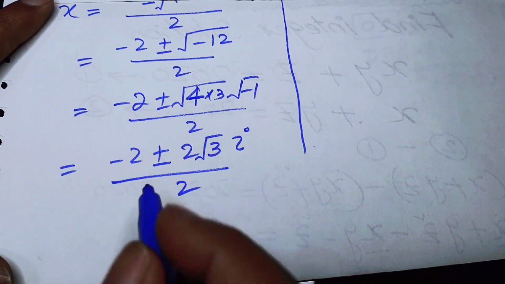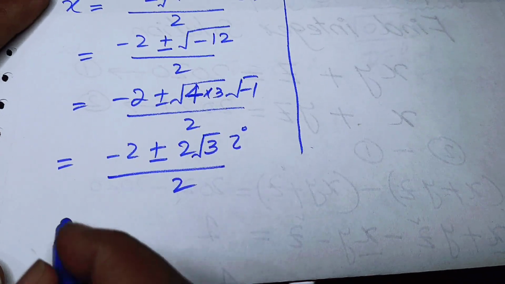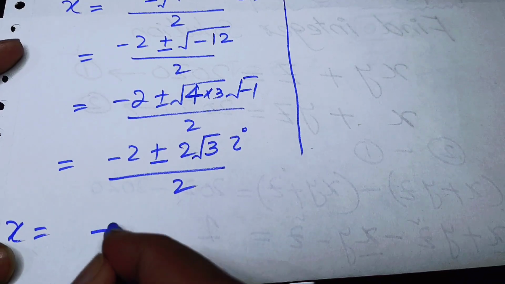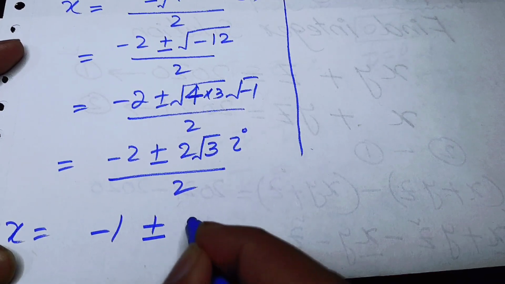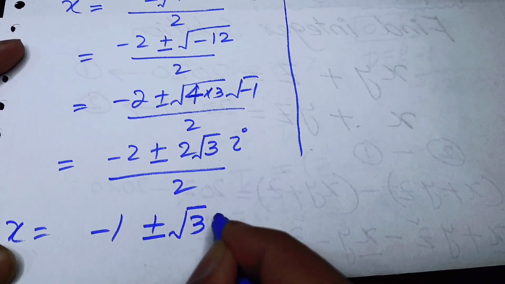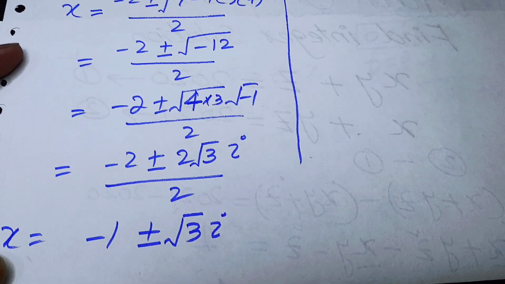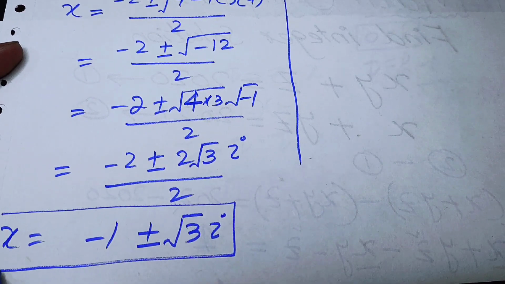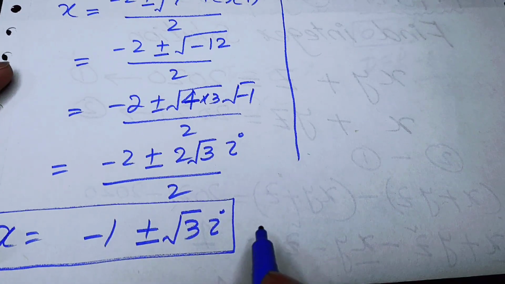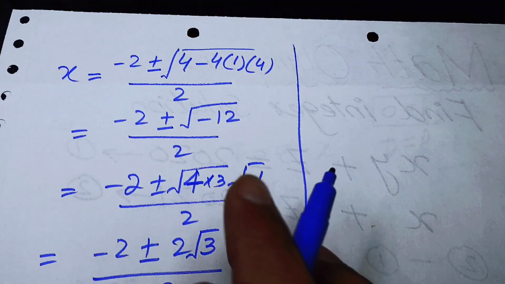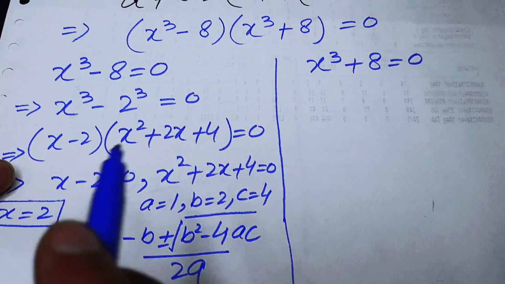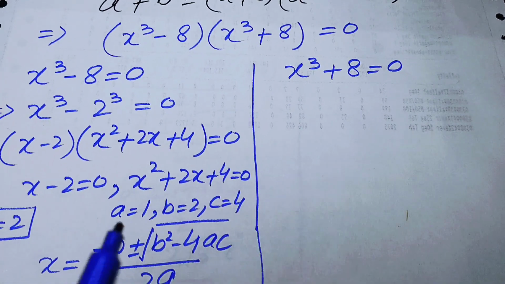Now when you separate both of the terms, you will obtain two roots: minus 1 plus minus square root 3 iota. So this is our first case, and you will find these three solutions: two solutions here and one solution x is equal to 2.